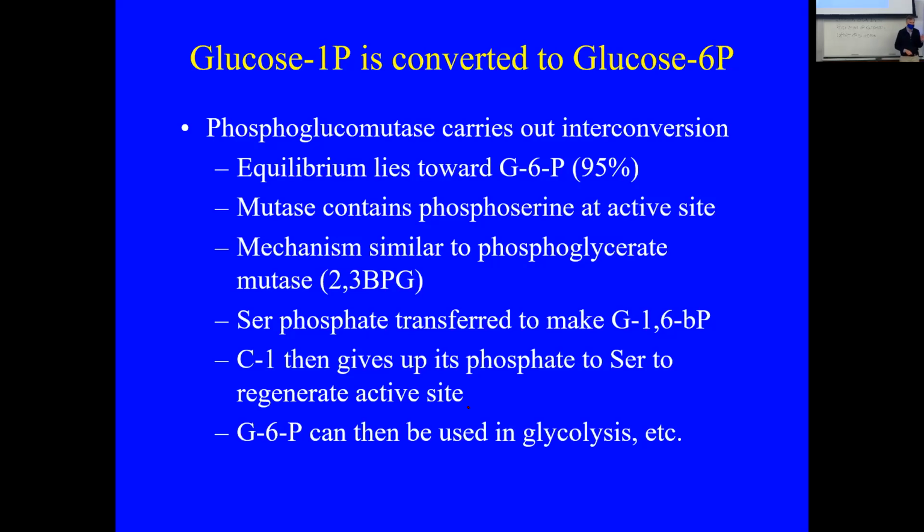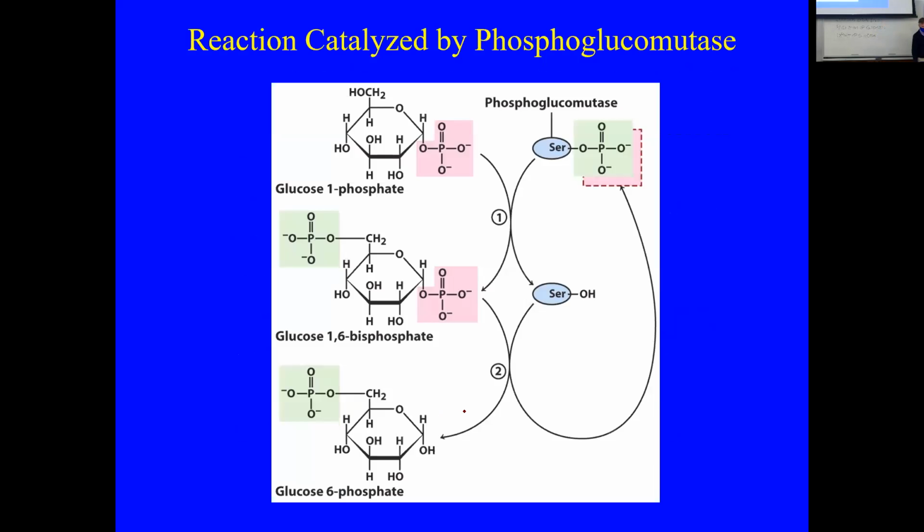Again, the enzyme that was able to convert glucose 6-phosphate to glucose 1-phosphate for glycogen synthesis is the same enzyme that is now able to take the glucose 1-phosphate, which is part of glycogen breakdown, and convert it into glucose 6-phosphate, allowing it to enter glycolysis.